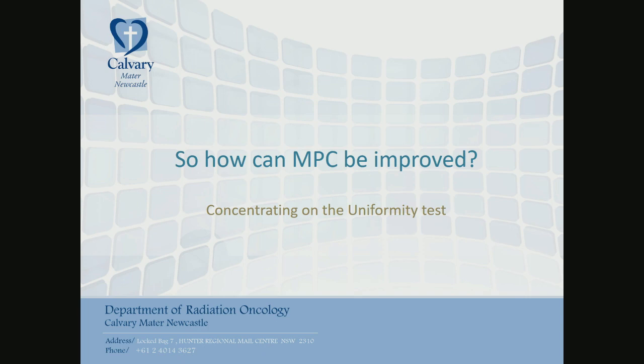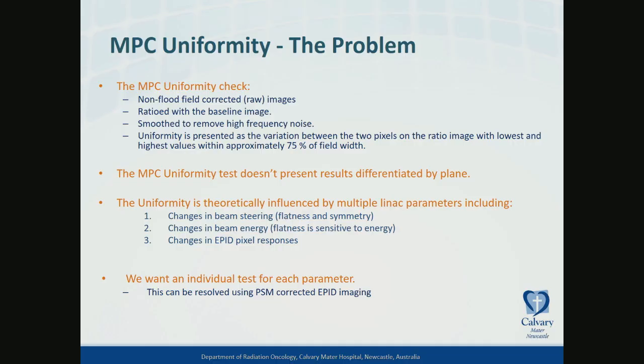So that segues nicely into the second part of my talk, which is how MPC can be improved. And I'm going to concentrate in here on the uniformity check, although I do believe there's other areas that could be improved. In the interest of time, I'm only going to concentrate on the uniformity test. So how the MPC uniformity test works is it basically takes a static field, 18 by 18 jaw-defined field for each beam energy that you have, and it images this with your EPID.